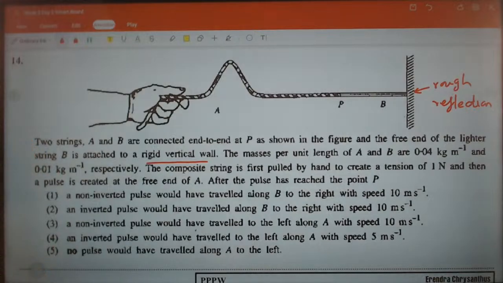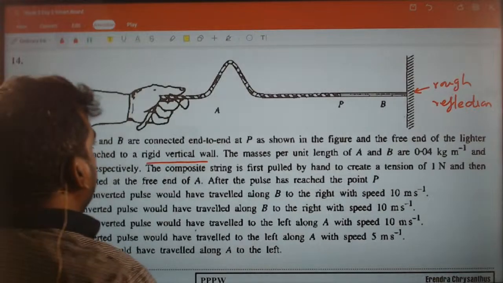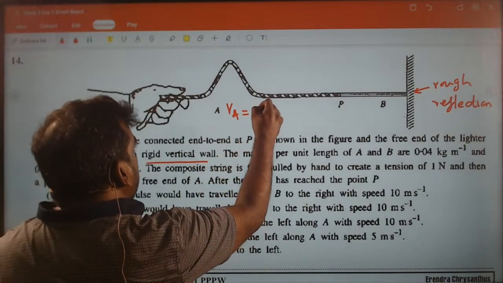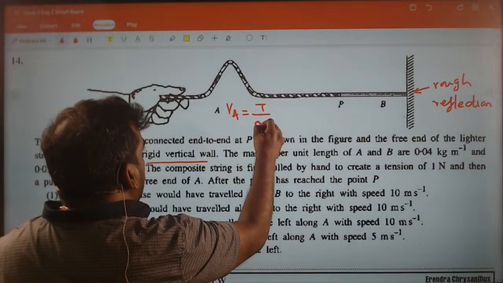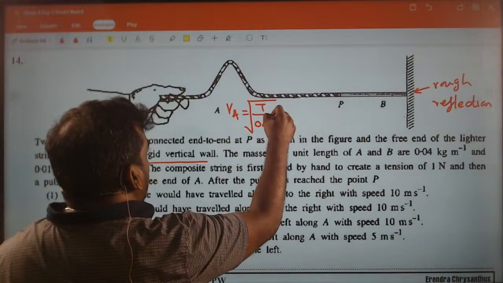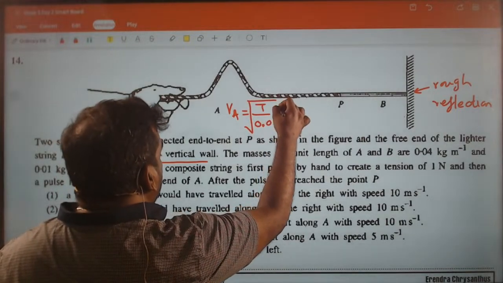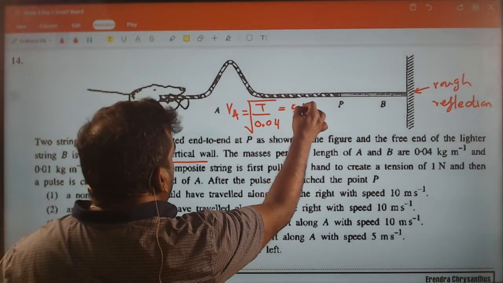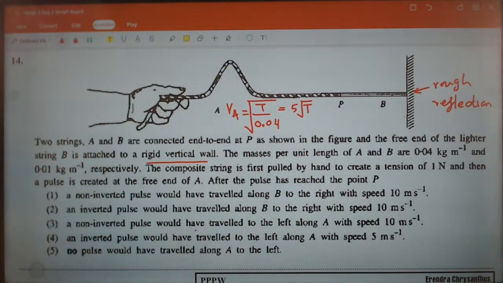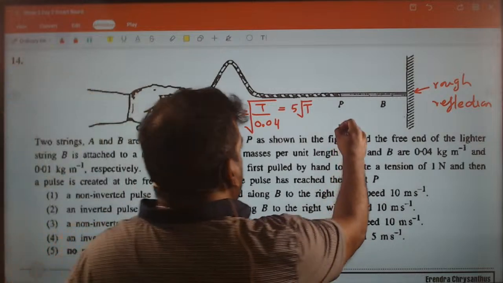Mass per length of A is 0.04 and that of B is 0.01. So velocity of A is equal to square root of T over m. Tension is the same, mass per length 0.04, so 100 divided by 4 is 25, and the square root of 25 is 5. Velocity at A is 5 root T. What about the velocity at B?